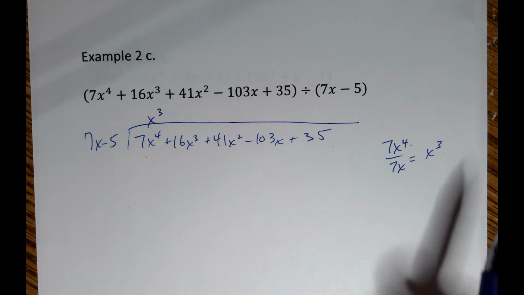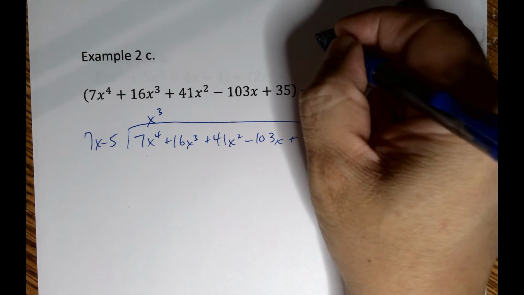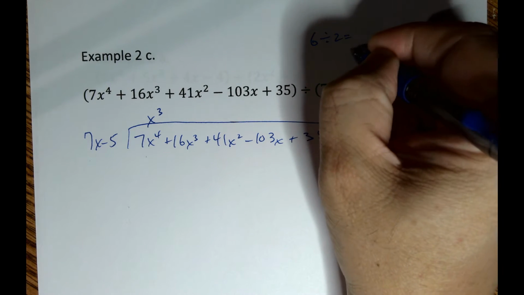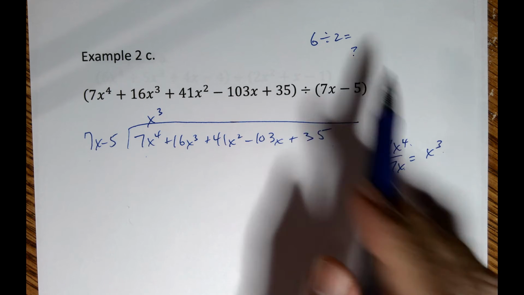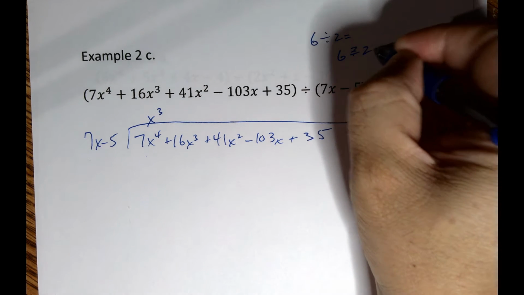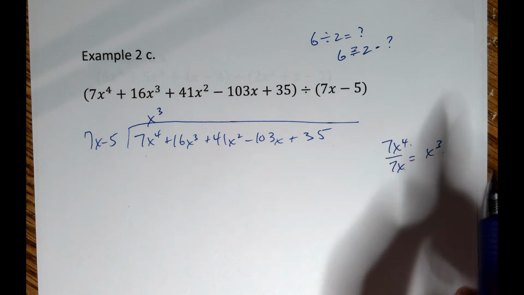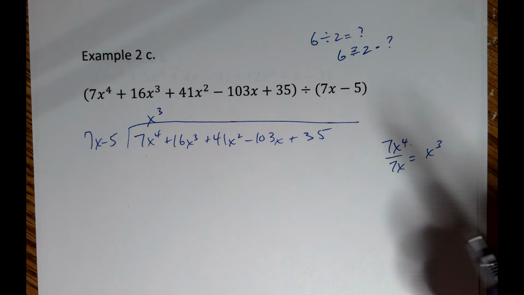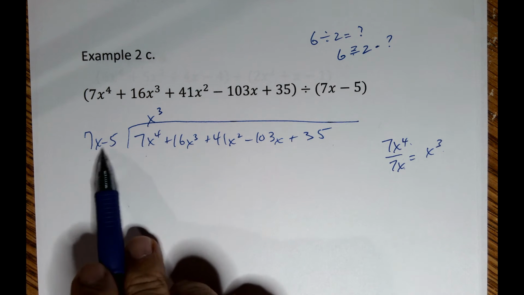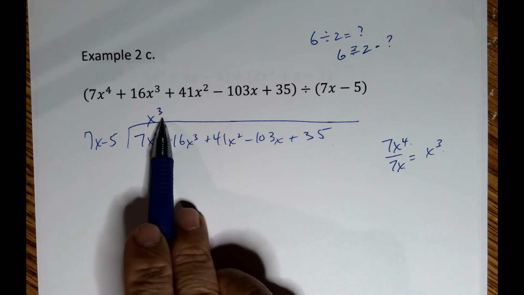That's what division asks, right? If I ask you what is 6 divided by 2, that's asking the question 2 times what equals 6, right? It's 2 times 3. So that's what division is. All right, so 7x to the 4th divided by 7x is x cubed.